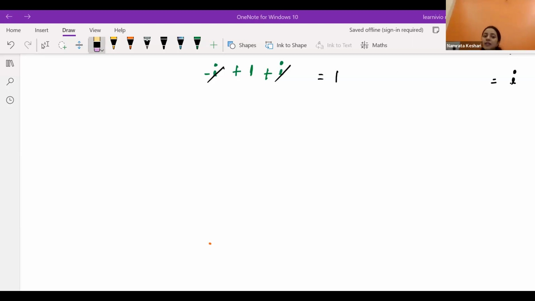Let's try finding I to the power 9 plus I to the power 19. Do it, Ali and Alina.